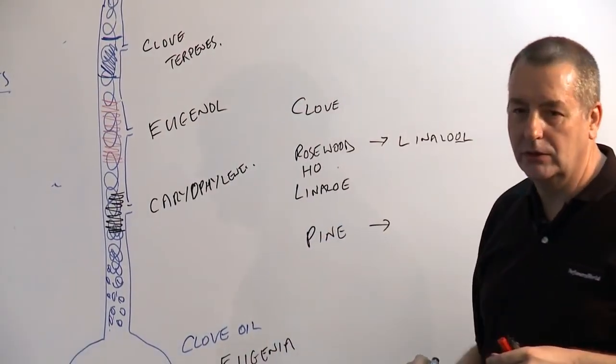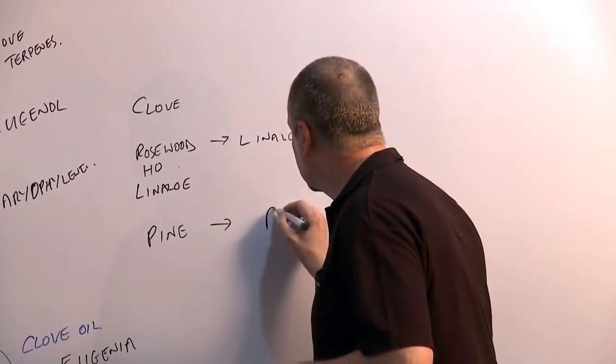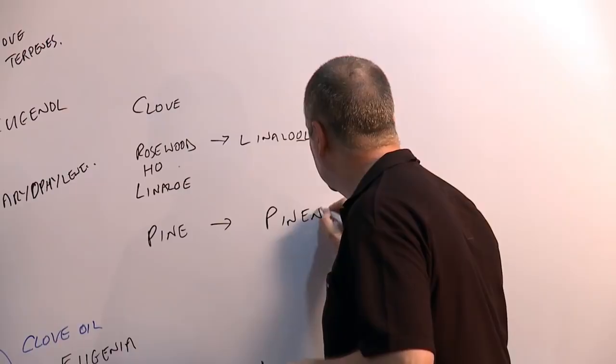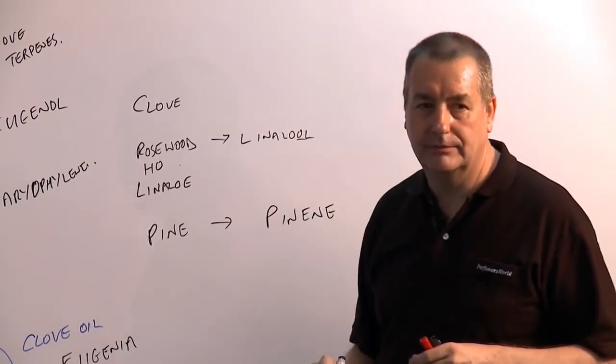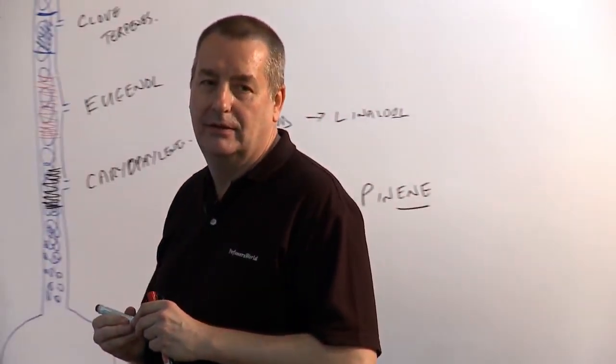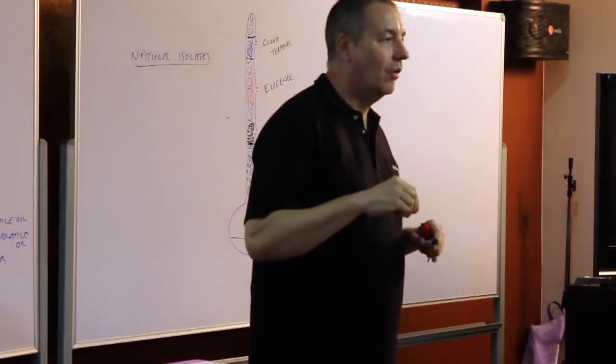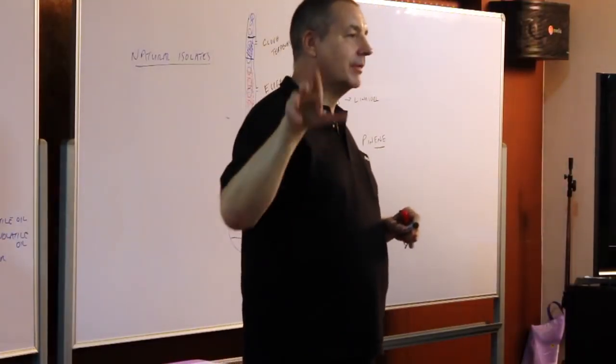But from pine or cedar wood, you can get a very important terpene, and it's called pinene. That ENE on the end means it's not an alcohol, basically. It's got no functional group. But that pinene is a really important starting point for making synthetic aroma chemicals.